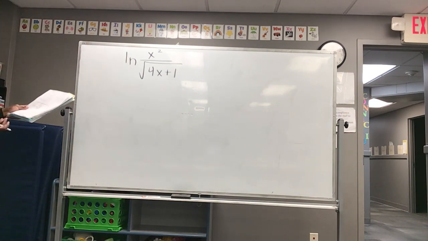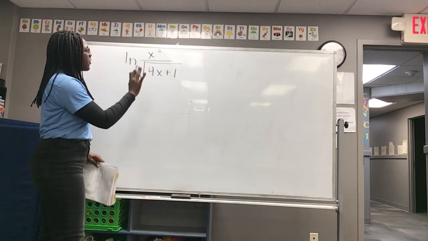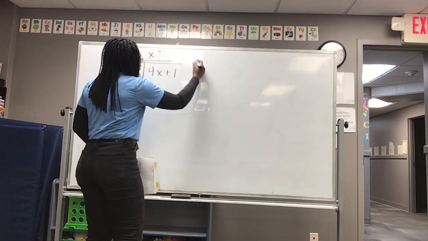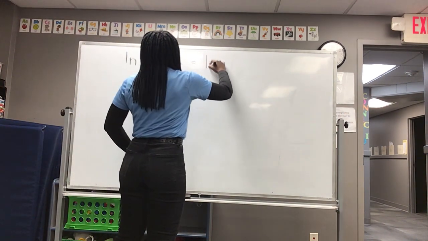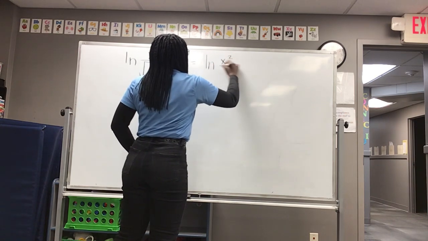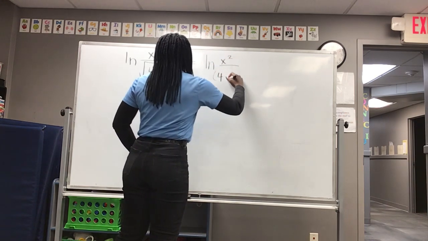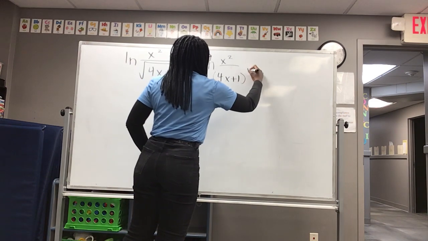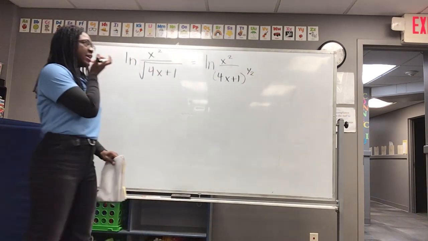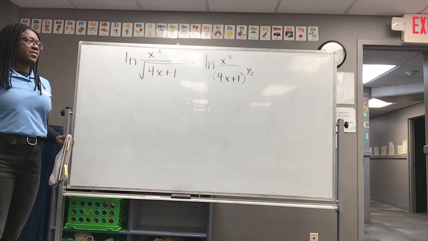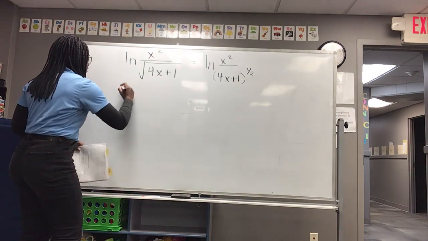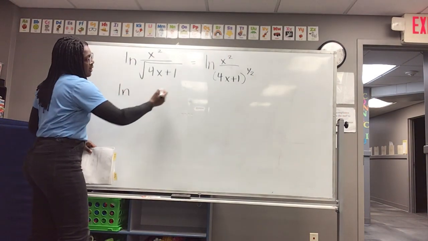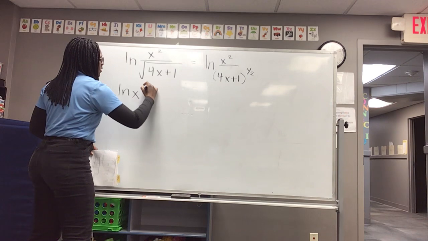Okay, we'll start going over this one. So before I even start explaining, I'm actually going to rewrite this because I don't like the square root. So I'm going to change it to ln of x squared over (4x plus 1) to the power of 1/2, because that's the same thing as the square root. And then I'll start my expansion. So natural log of x squared.